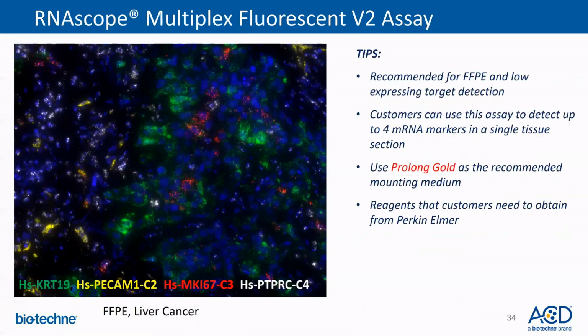With the V2 assay, customers have the advantage to detect up to 4 mRNA markers in a single tissue section. As I mentioned previously, we recommend Prolong Gold as the mounting medium. Please note, the fluorophores will have to be bought separately from PerkinElmer for use with the V2 assay.